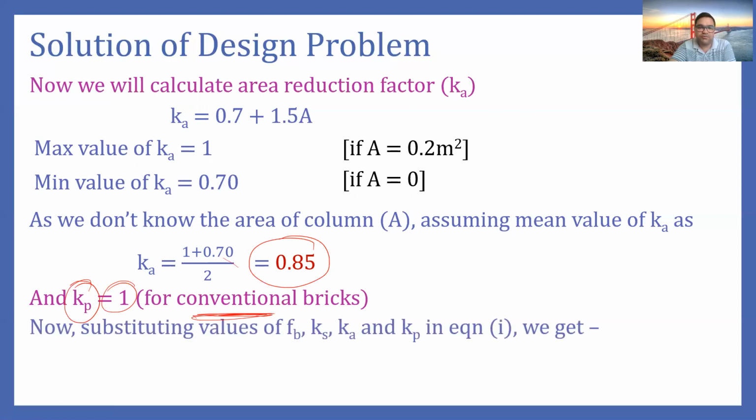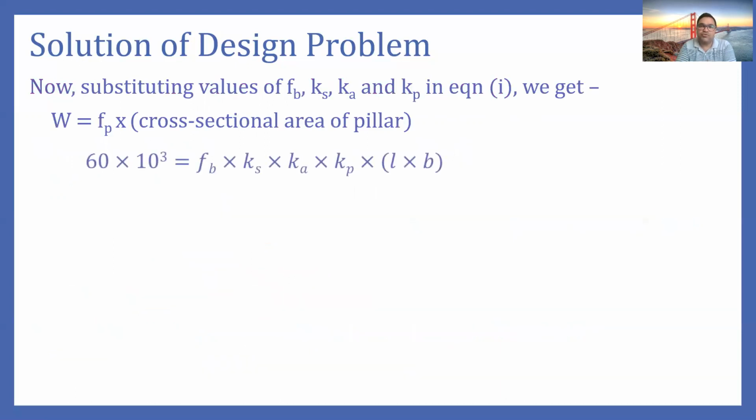So here we will now put all the values of Fp in equation 1. In equation 1, W is the design load, which is 60 kilonewton, and Fp is the permissible compressive stress. The cross-sectional area of the pillar is B into L. Now we know the value of B, which is 345.